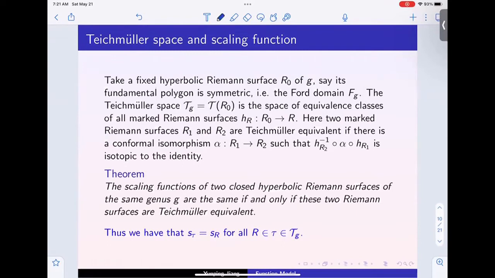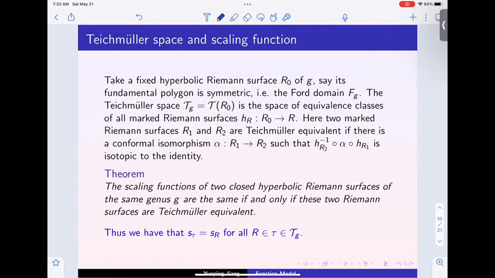Here I wrote down one definition of this Teichmüller space, but there are other ways to write this definition. If you are familiar with Teichmüller space, you don't need to read it; if you don't, just read some standard reference about Teichmüller space.